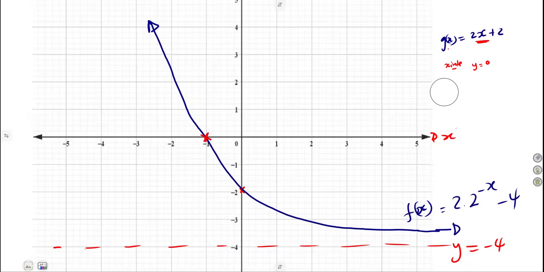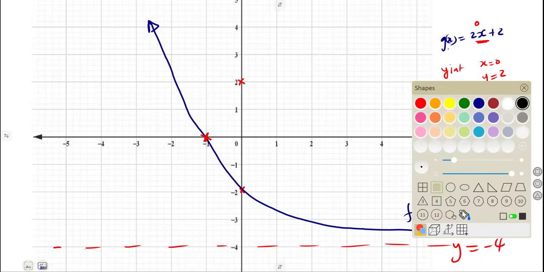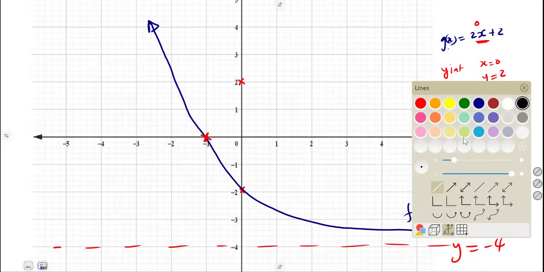Let's move on to the y-intercept. For the y-intercept, x will be equal to 0. So if we put 0 there, y is equal to 2. So that's our y-intercept here. It's enough for us to draw the straight line given the x-intercept and the y-intercept. Those two are enough, all right?